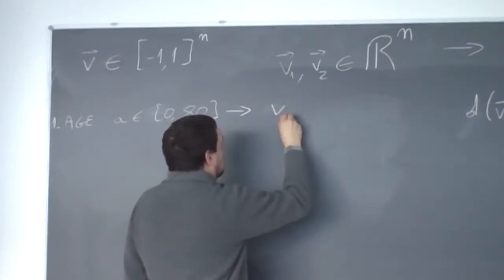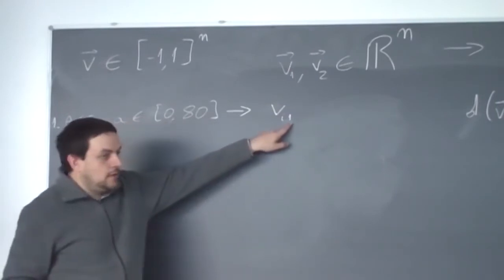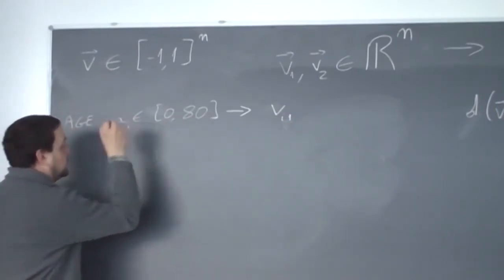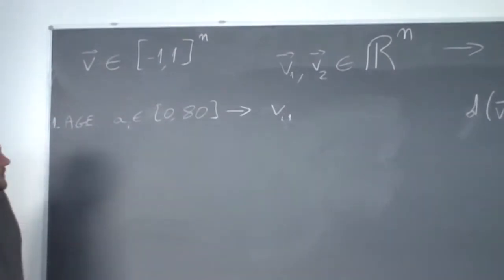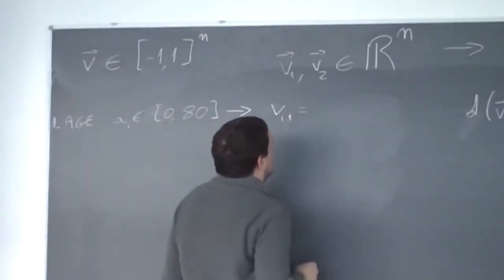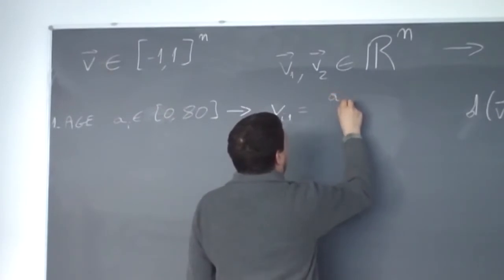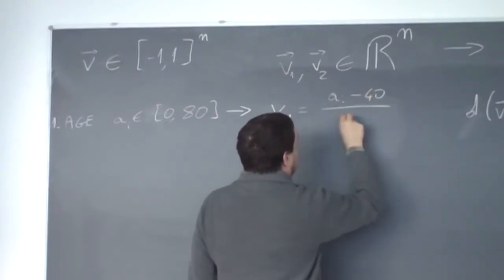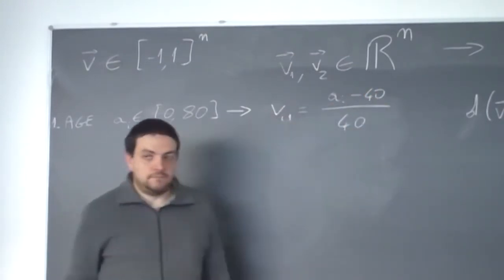The first feature of a person i, supposing that this is the age of person i, can be represented as the age of person i minus 40 divided by 40.